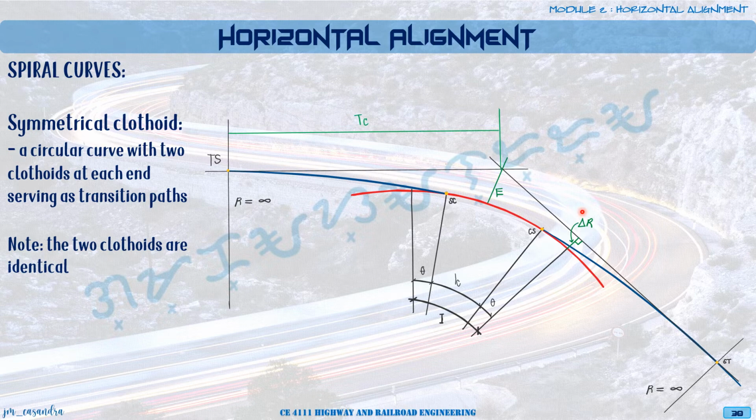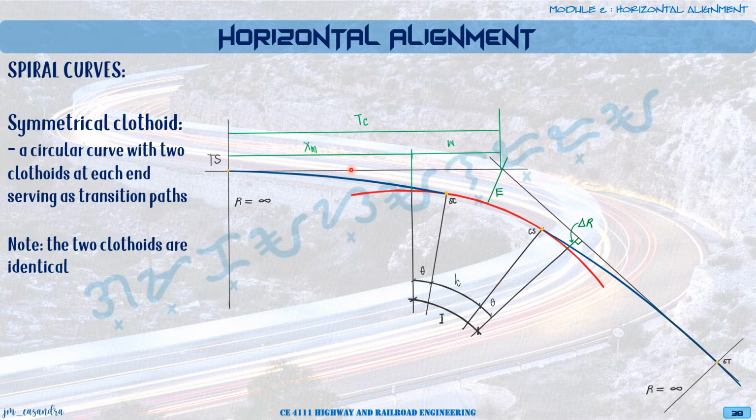And then the distance between TS and the point of intersection, which is parallel to the tangent, is our TC, which can be computed using the value of xm, the distance between the TS and the end of the original curve, and it should be parallel to the tangent.